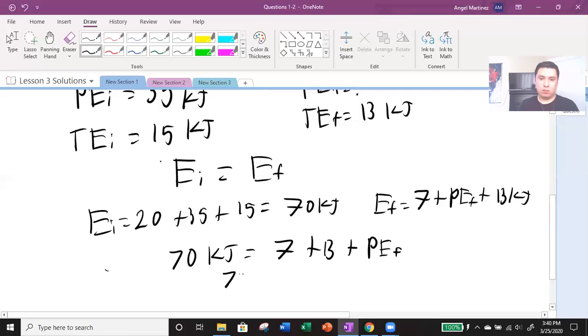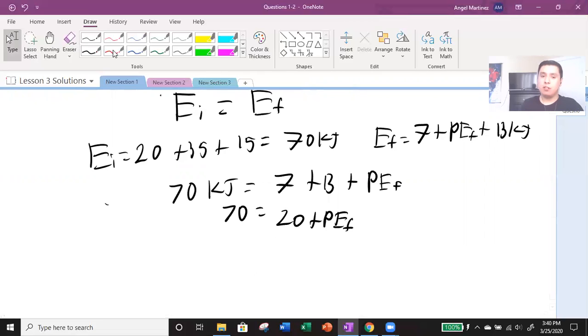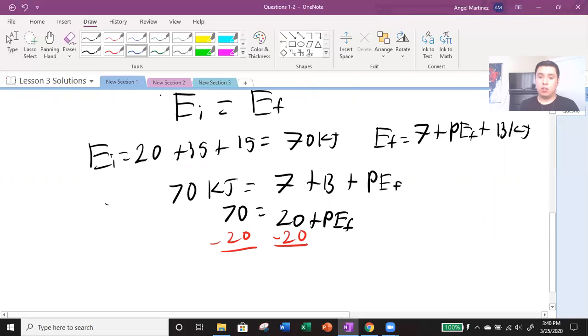So 70, when you add these two, you get 20 plus PEF. Let me do this with a different color so you can visualize this. This is just basic algebra now. You're just going to subtract 20 from both sides, and you put your final answers. 20 minus 20, that cancels out. And 70 minus 20, that's 50.